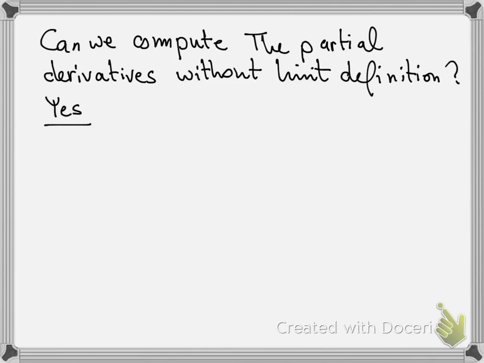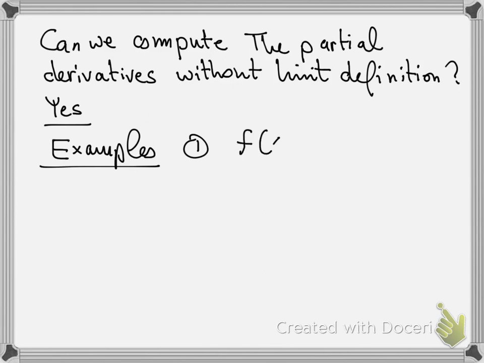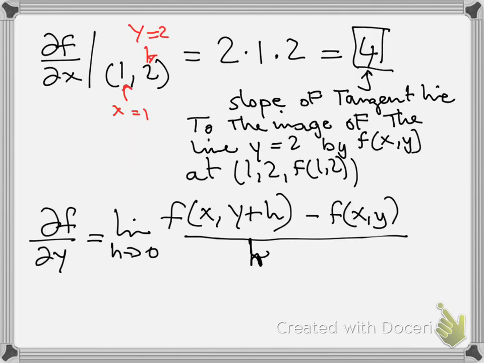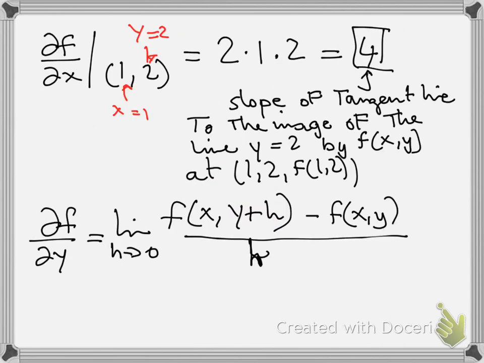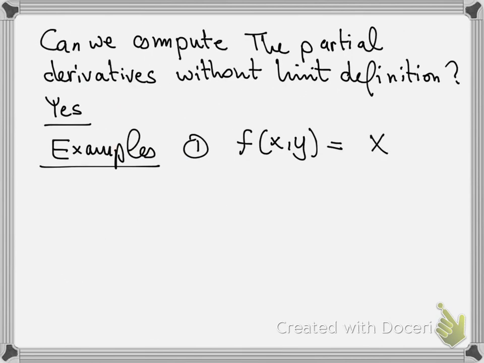So what we do, let's do an example, and I will explain with examples how to compute the partial derivatives without using the limit definition. Let me come back to the same example. My function here was x squared times y. And I want to compute, let's say, partial f partial x, the partial derivative of f with respect to x.